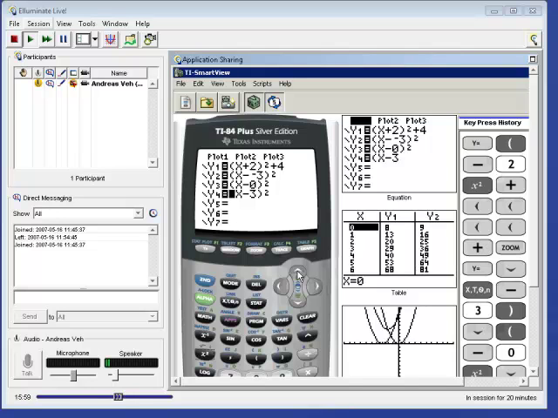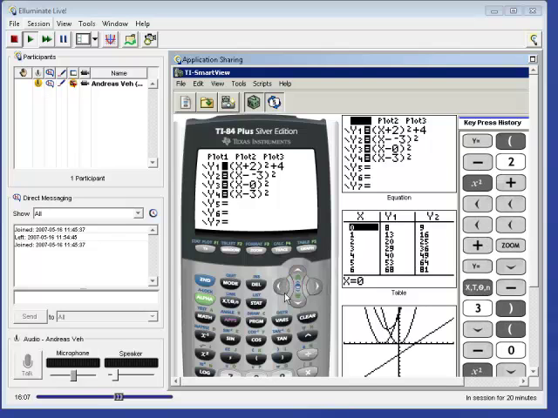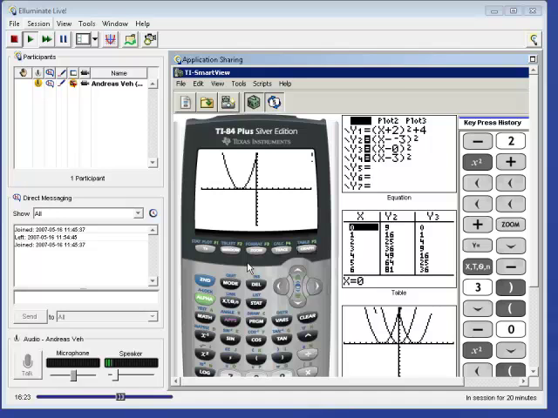And I'm going to turn the first one off. There we go. And hit the graph button. And let's see, there we go, there's the first parabola, and there's the second parabola, and there's the third parabola.